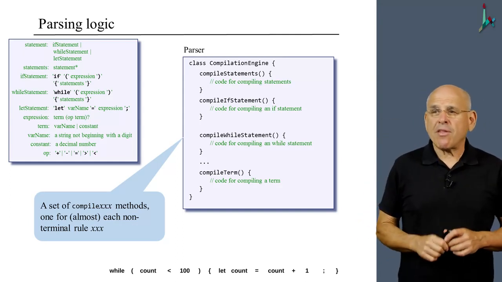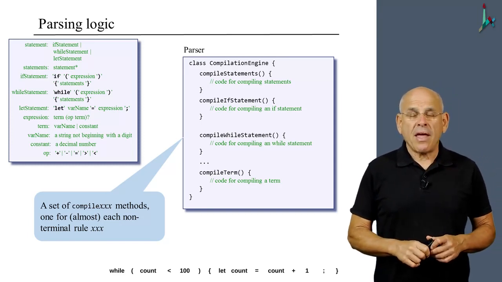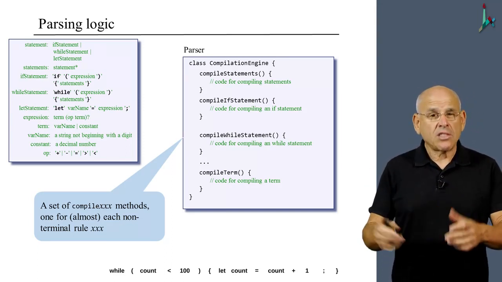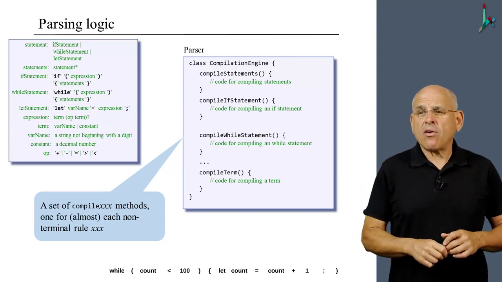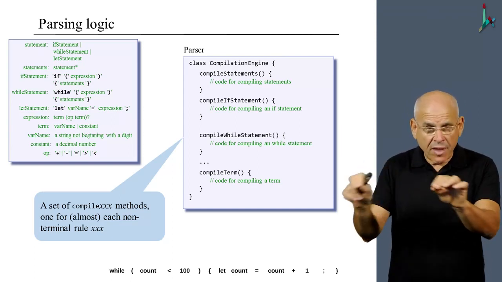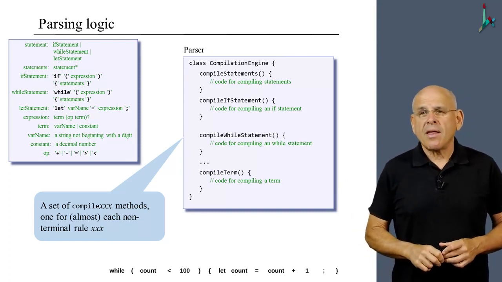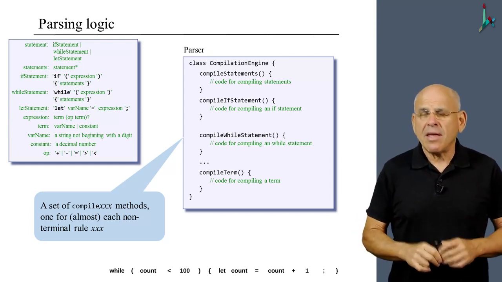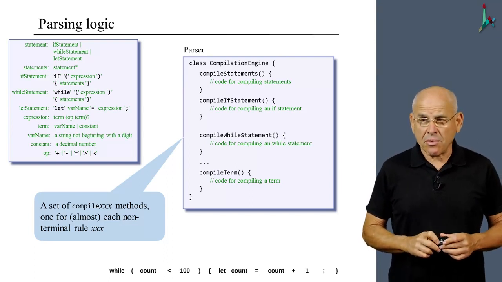And indeed, we also have a method called compile statements. Then we have a rule called if statement. And indeed, we have a method called compile if statement, and so on and so forth. For most of the non-terminal rules in the grammar, we have corresponding methods that are responsible for parsing the part of the input that corresponds to this particular rule. There are some rules for which we don't have specific methods, but we also take care of them implicitly in other rules. We'll discuss this little detail later on in the module.